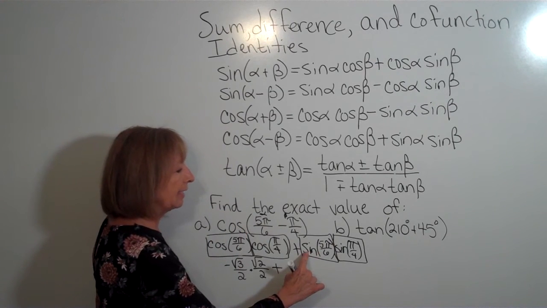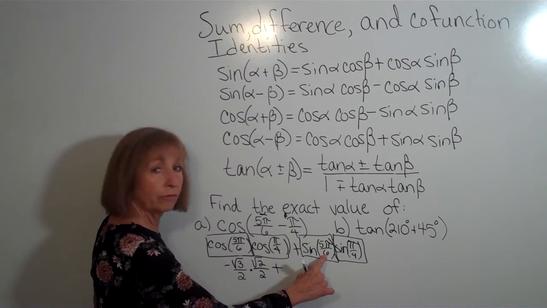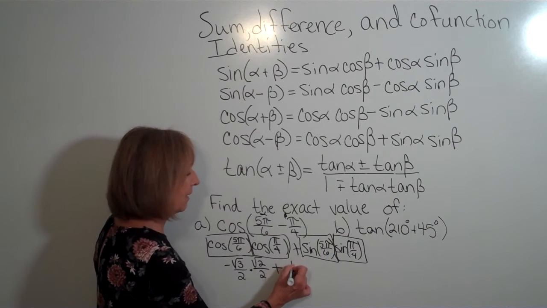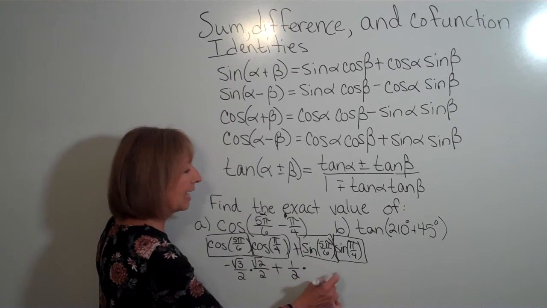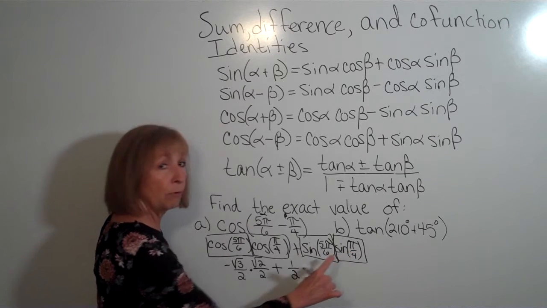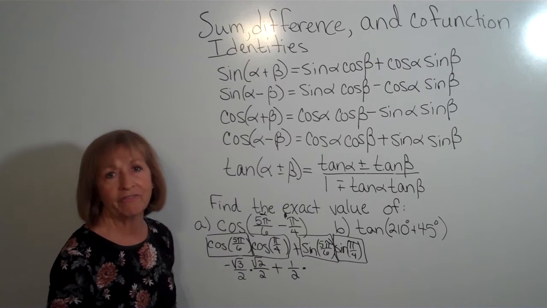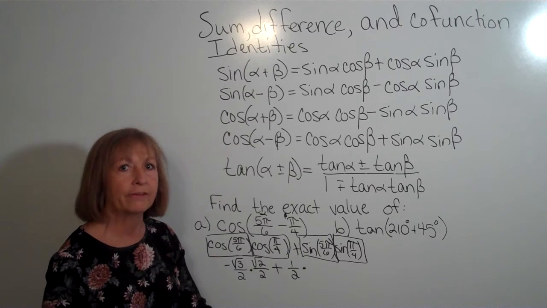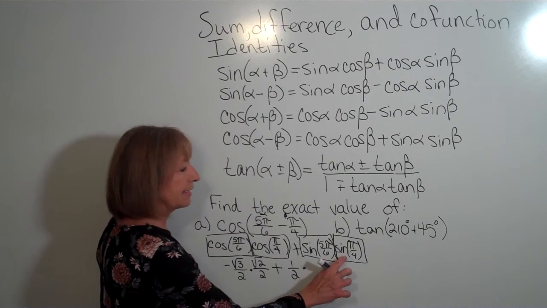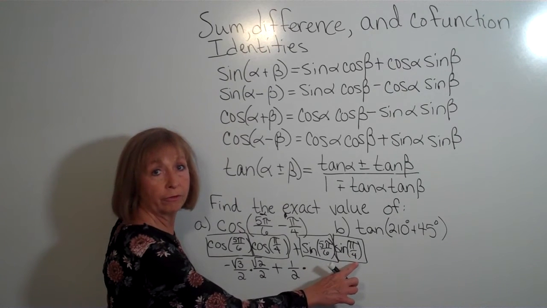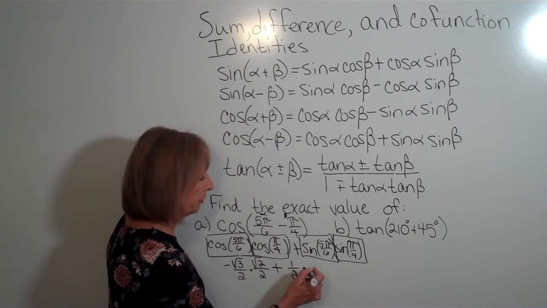And the sine of a radian measure with the pi over 6, that's a half. So that's positive a half times, and pi over 4 is a first quadrant angle. Sine is positive in the first quadrant. In fact, all the trig functions are positive in the first quadrant. And then the sine of pi over 4, well, the pi over 4's for the sine is the square root of 2 over 2.